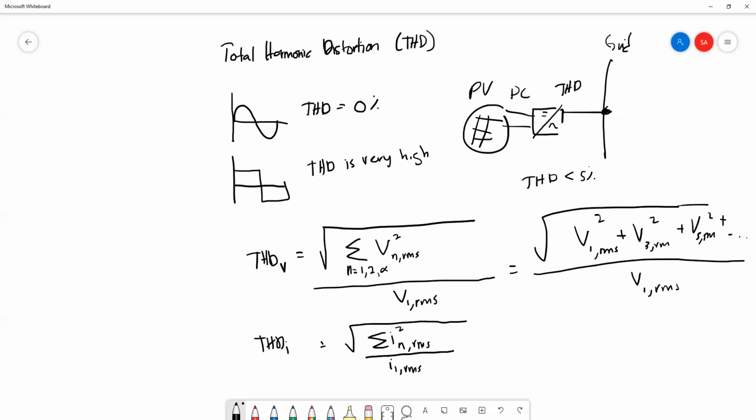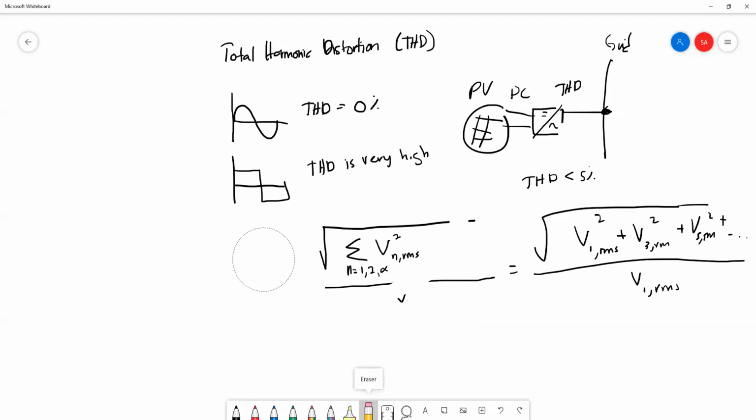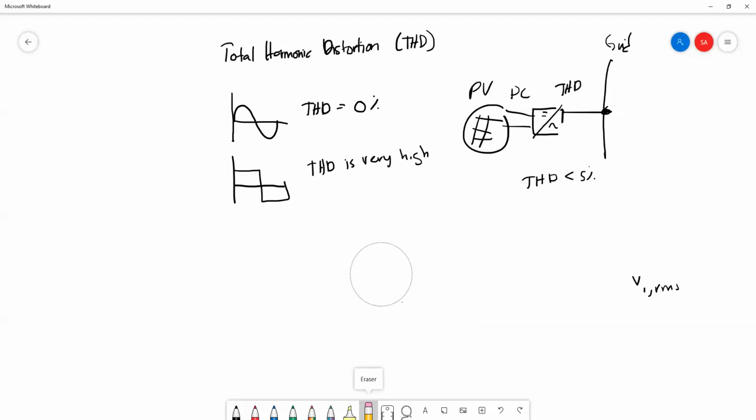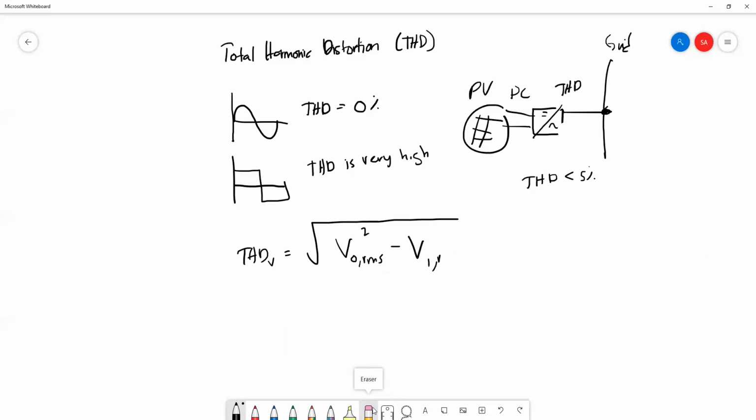The other equation that you can use to calculate the harmonics is the exact equation. For example, for the THD of the voltage, if you know the V out RMS, then it is given over V1 RMS.